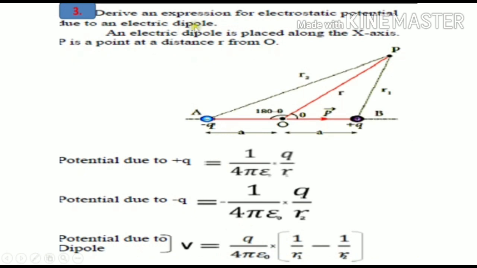Derive an expression for electrostatic potential due to an electric dipole. So we know very well the electric dipole is placed along the x-axis.